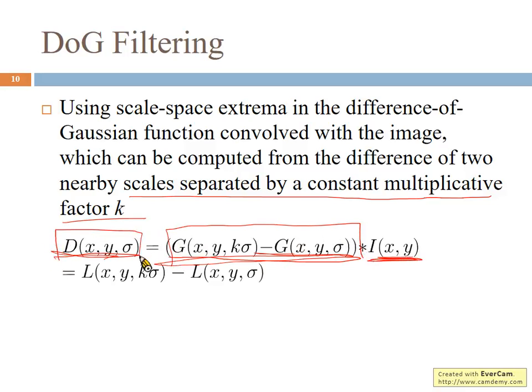Then we get D(x, y, sigma). The physical meaning of D(x, y, sigma) is actually the more blurred image minus the less blurred image. This is called D(x, y, sigma).